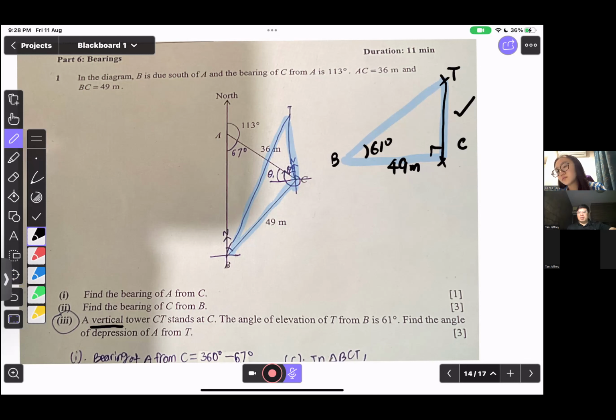There's a C, there's a T, there's a B. The T is poking out, three-dimensional, out of the paper.